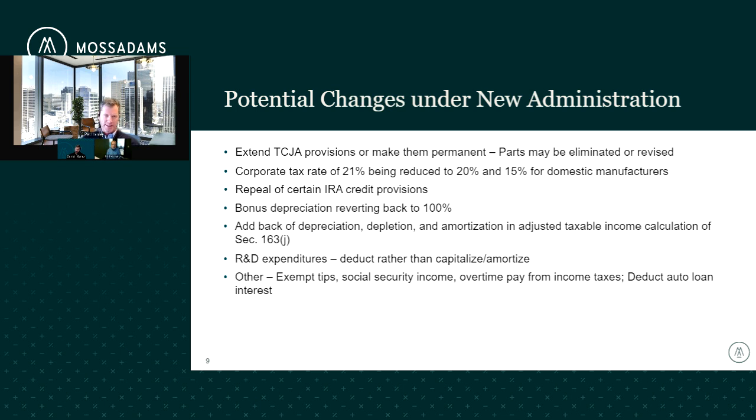And then also deducting auto loan interest. These are the items that I don't know will make it through, because they may have some disagreement among the congressional members on how we are going to offset these items. Because again, they've got to go through reconciliation and make sure everything follows the rules of the reconciliation process.